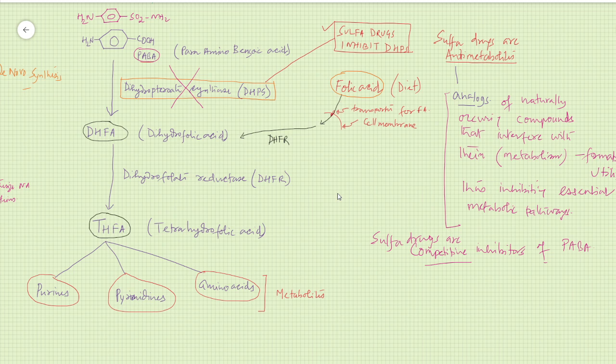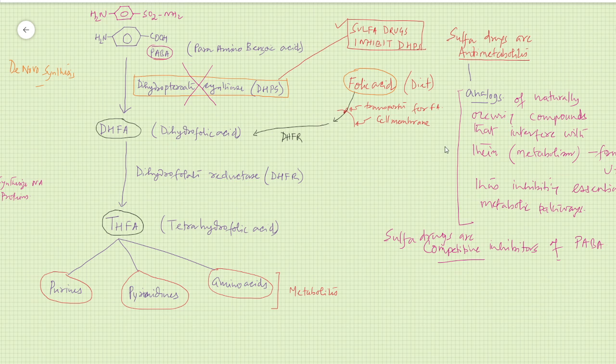We have made it clear that sulfa drugs interfere with the metabolism of PABA, and when you do that, we interfere with the metabolic pathway of purines, pyrimidines, and amino acids. So now we have explained the mechanism of action of sulfa drugs.